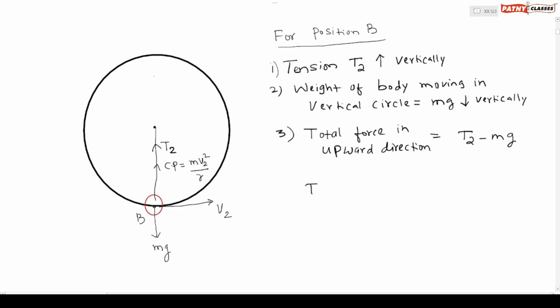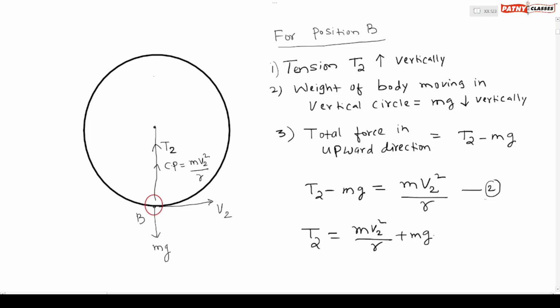Now this T2 minus mg must be balanced by the centripetal force, which for position B is given by m v2 square upon r. Call it equation number 2. The same equation we can also write as T2 equals m v2 square upon r plus mg, which gives the tension in the string when the body is at position B.